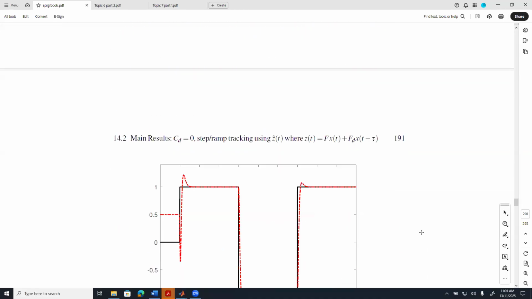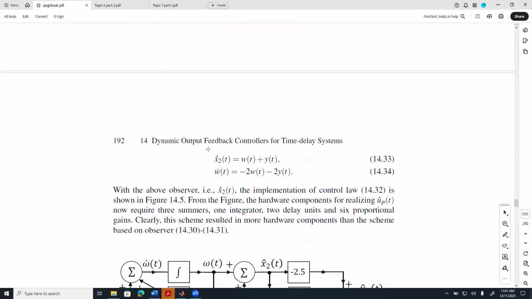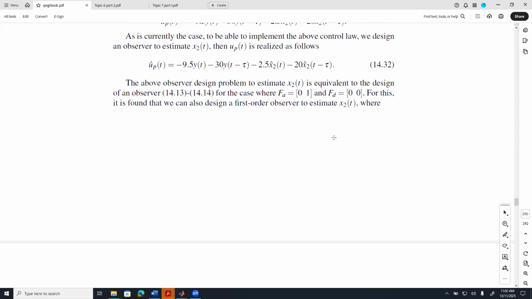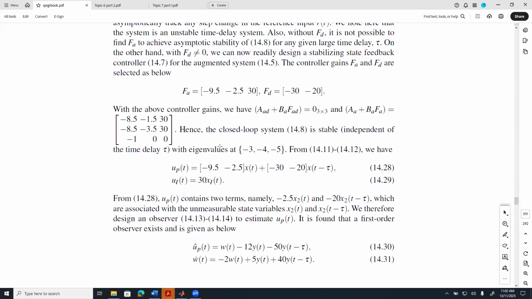And then the other bit that we want to really show in this thing here, we say, let's look at another way to realize the generalized functional, which is the one we obtain from this expression in here. Now, you can see that there is an unmeasurable variable, which is x2 of t, and then another one is x2 of t minus tau.